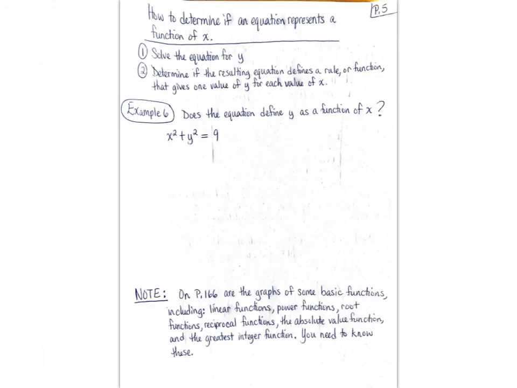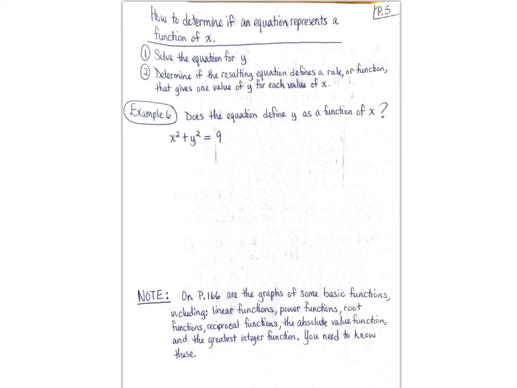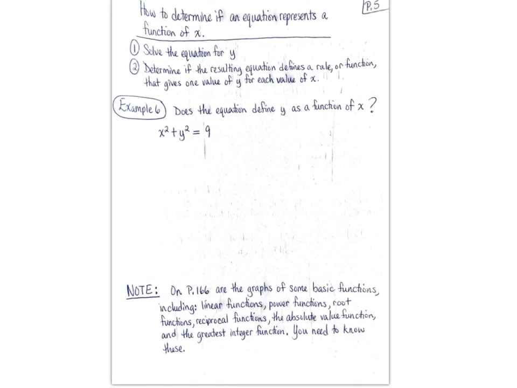Now, in order to determine if an equation represents a function, this is the process you take. You solve the equation for y, and then determine if the resulting equation defines a rule or function that gives one value of y for each value of x. For example 6, does the equation define y as a function of x?